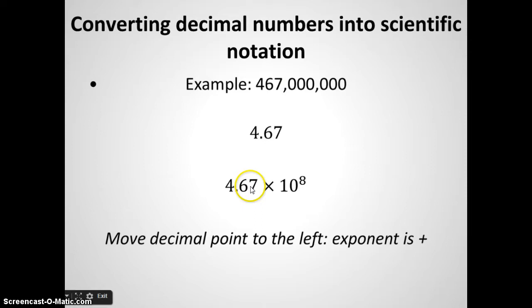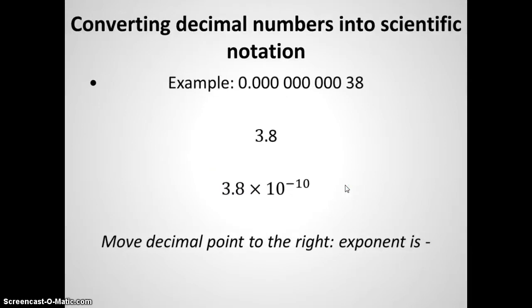So my answer ends up to be 4.67 times 10 to the 8th. Any time you move the decimal point to the left, the exponent is going to be positive. You might also think about it as if you're going to have a big number like 467 million, you're going to need an exponent that is positive.